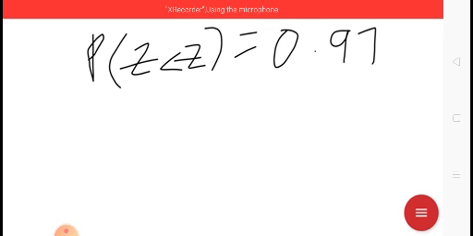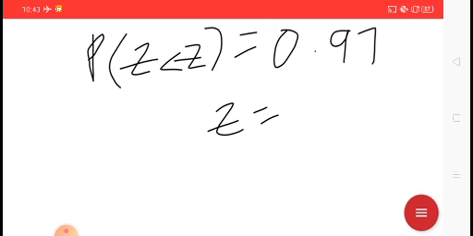So for 0.97, you should get z equal to about 1.882.